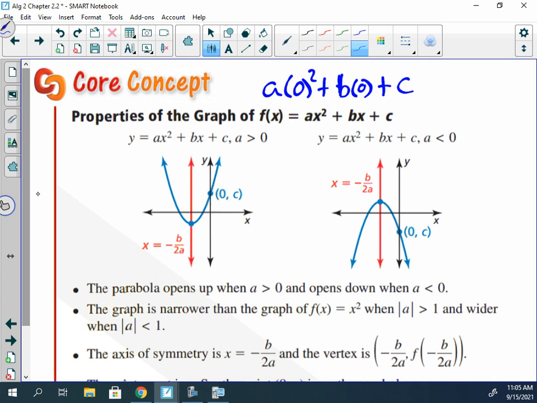Now it says already that the y-intercept is going to be 0, comma, c, because we know that at the y-axis the x value is 0, yes?